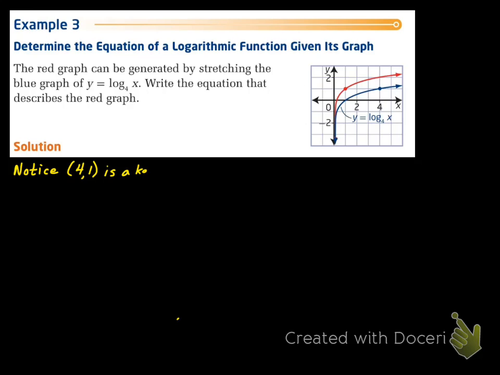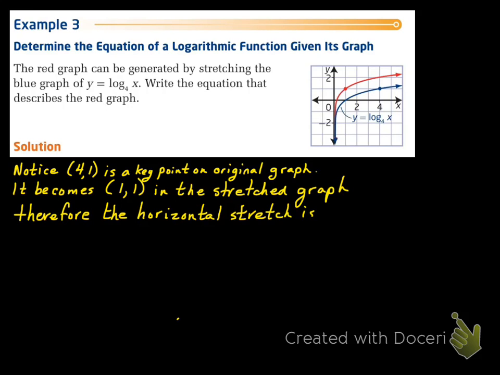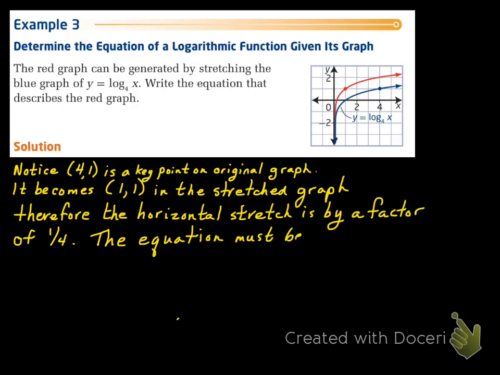Therefore, we can notice that 4, 1 is a key point. It becomes 1, 1 in the stretched graph. And therefore, the horizontal shift is by a factor of 1/4. So the equation must be y equals the log base 4 of 4x.